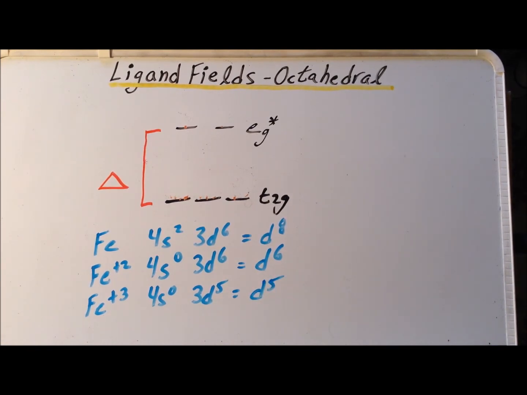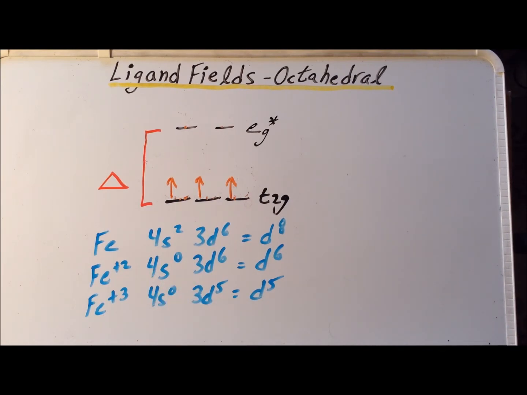With iron 3 plus, depending upon the ligands, we could have either a strong field situation or a weak field situation. So let us first look at the strong field, the low spin situation. For the first 3 electrons, we follow Hund's rule, so we half fill.